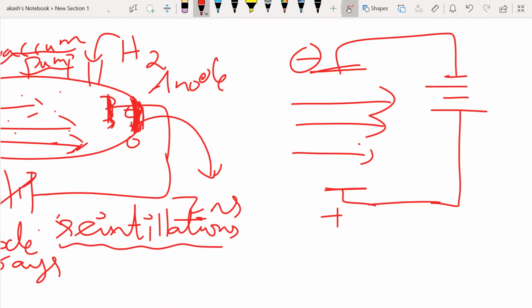When no external electric field was applied, he found that these cathode rays move in straight lines, without any deviation, and hit the ZnS screen.